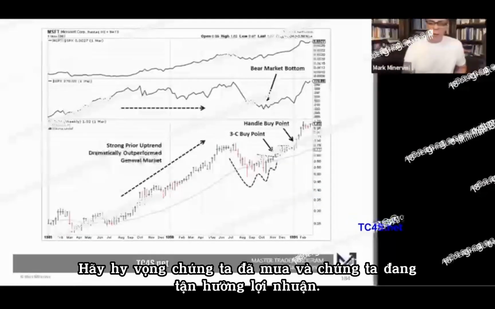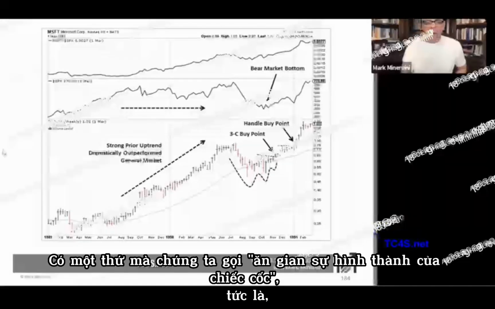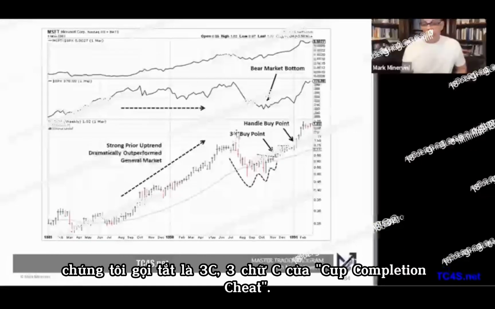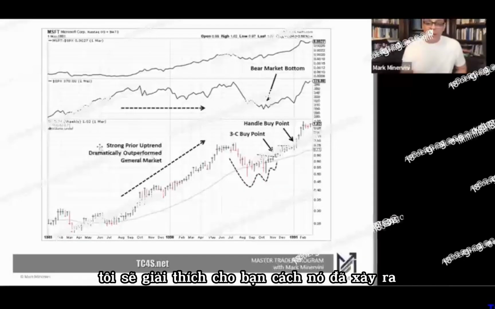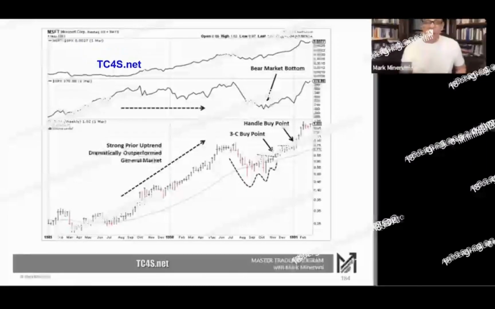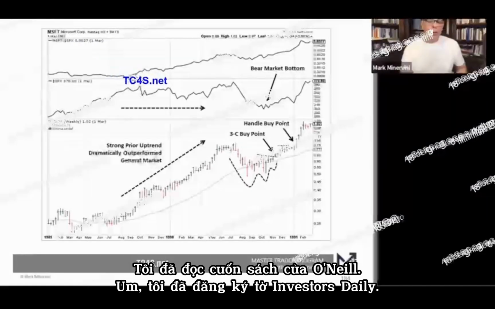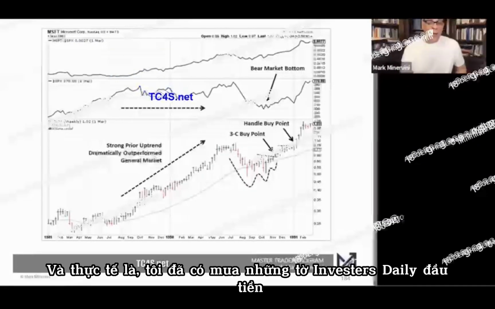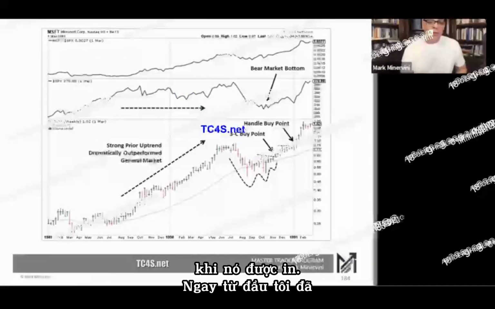But there is what we call the cup completion cheat, which we simply refer to as a 3C. I'll explain how this even came about. Back when I first started looking at charts, like many of you, I read O'Neill's book. I subscribed to Investor's Daily, and as a matter of fact, I had the very first Investor's Daily that ever was printed.